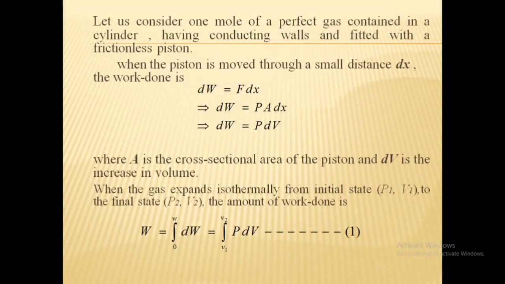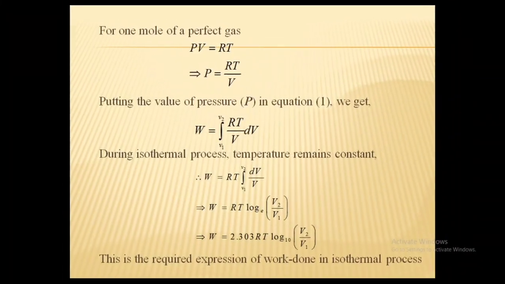The amount of work done is given by W equal to the integration of dW. That implies W equal to integral of P dV, where V is the variable whose limit is V1 to V2. We mark this as equation number 1.